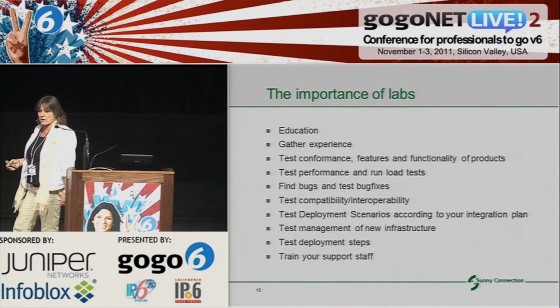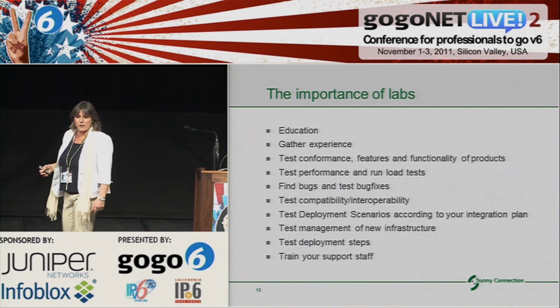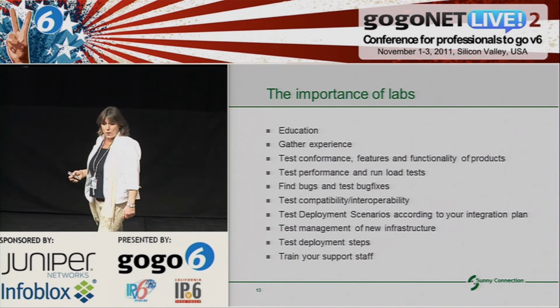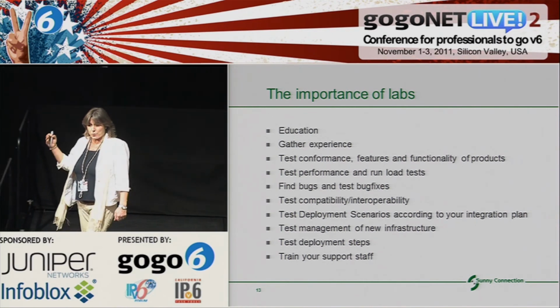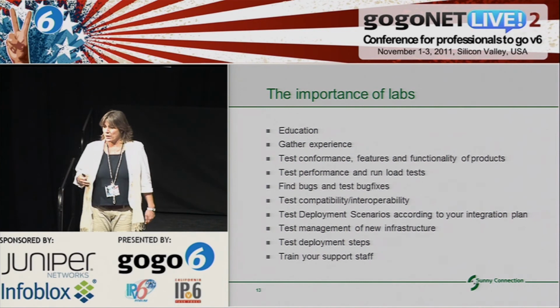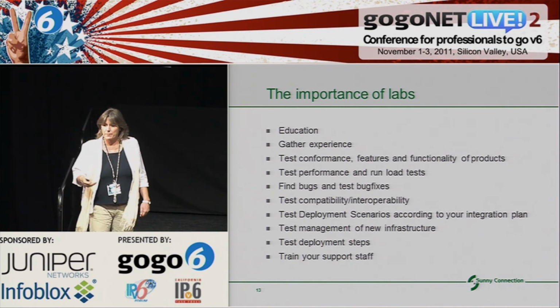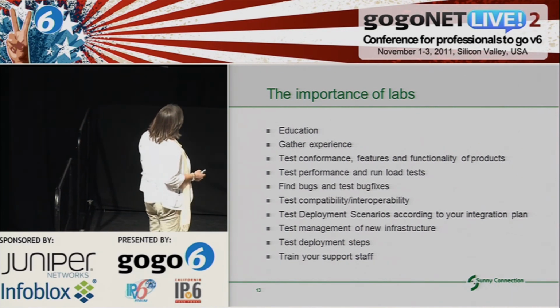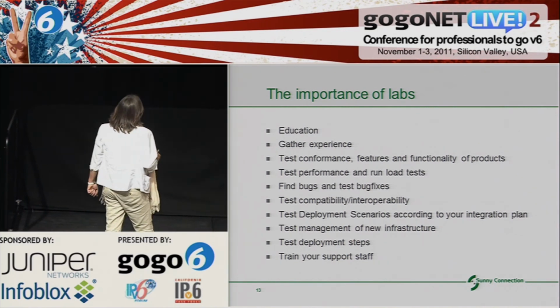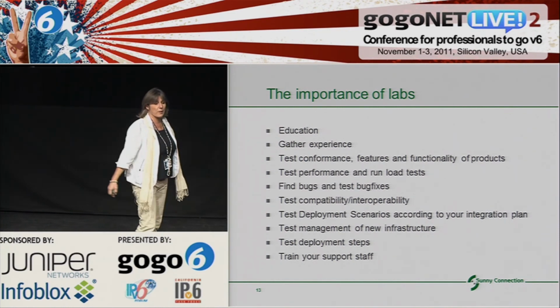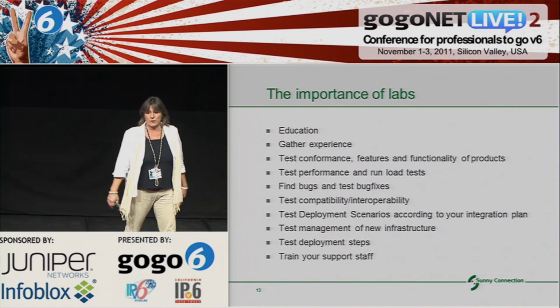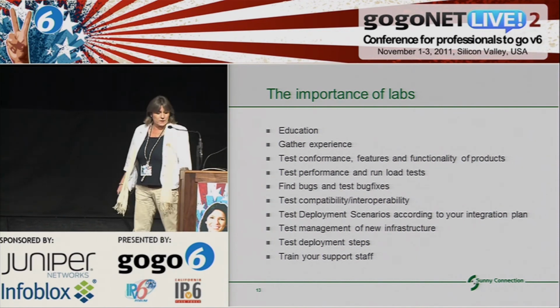You cannot just introduce an IPv6 network and not know how you're going to manage it, right? So you have to have the management tools in place that you need. You need to have your support organization in place that can manage that network. You can test your deployment steps, and it's also the best place for your support people to get trained before you have live data on your network.